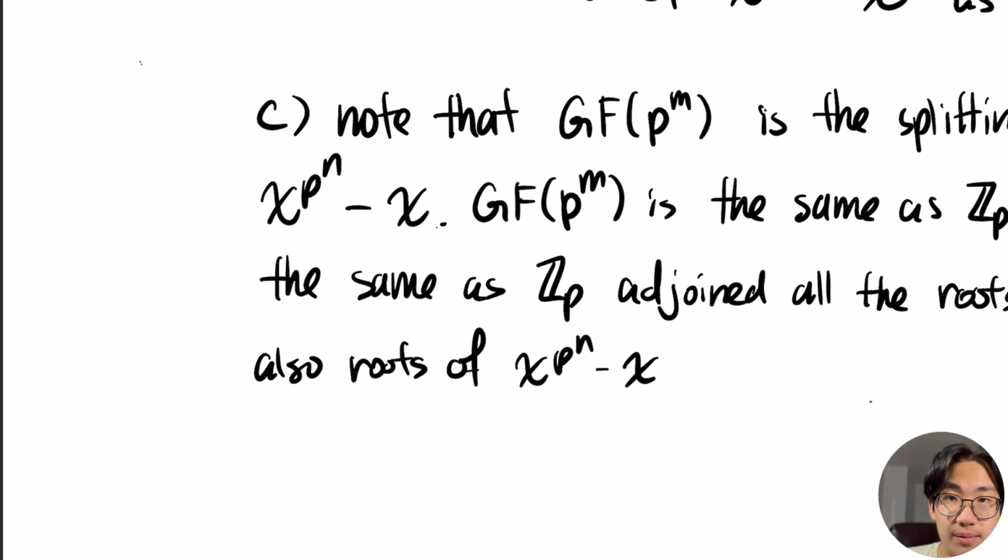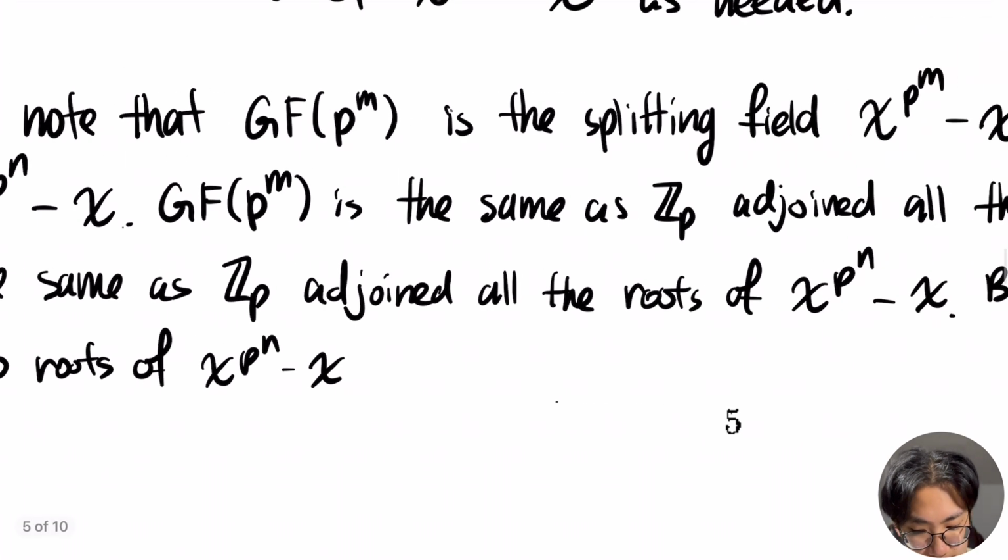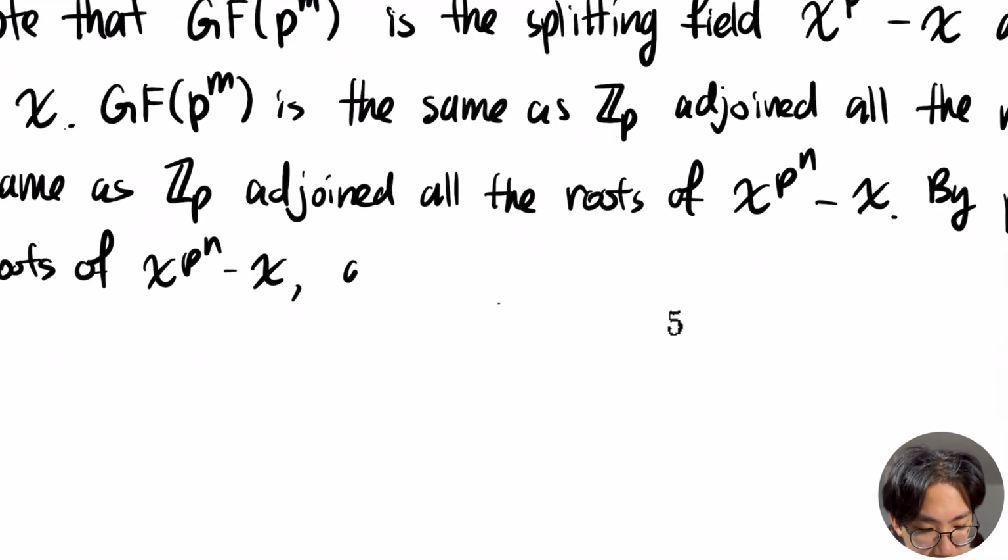What that really means is that if you think of the roots as a set, the roots of x to the p to the m minus x are a subset of the roots of x to the p to the n minus x as well.